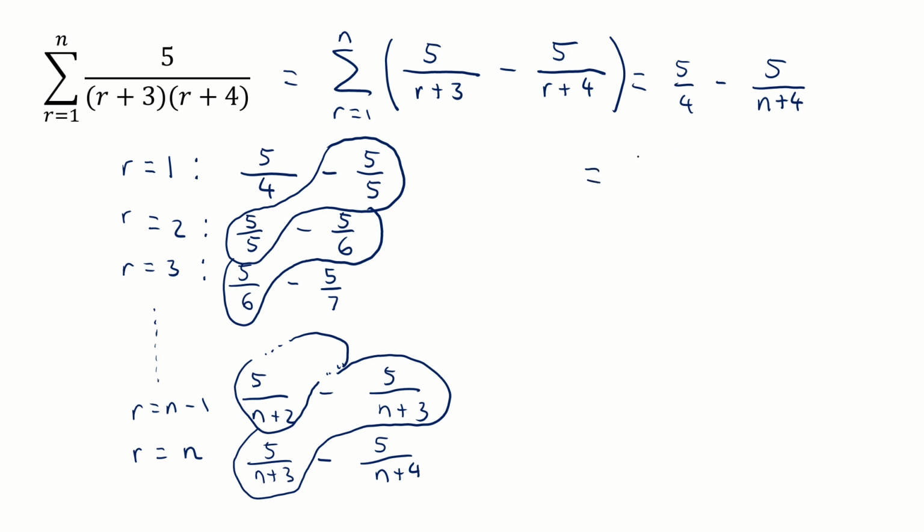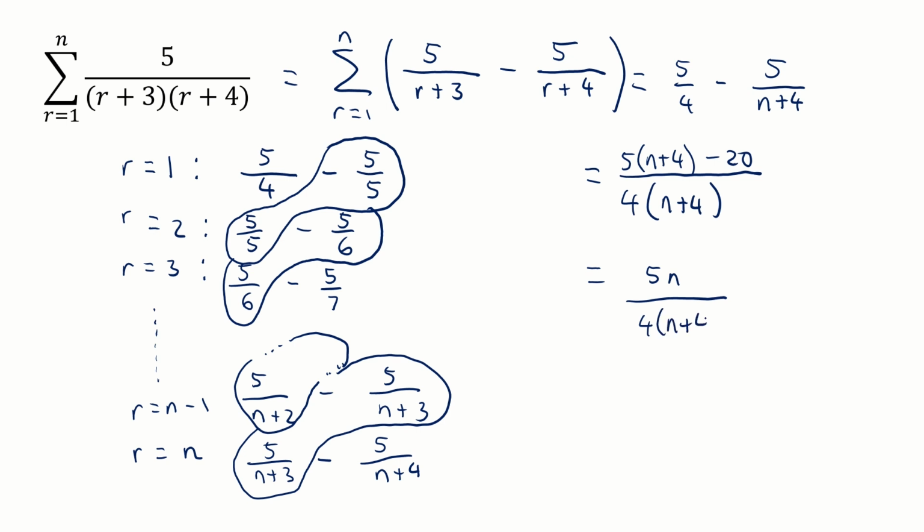So creating one common denominator, it would of course be 4 times n plus 4, and therefore we'd end up with 5 lots of n plus 4 on the top, minus 20, which could then be simplified to get a final answer of 5n over 4 lots of n plus 4. And there you go, we have calculated this series too.